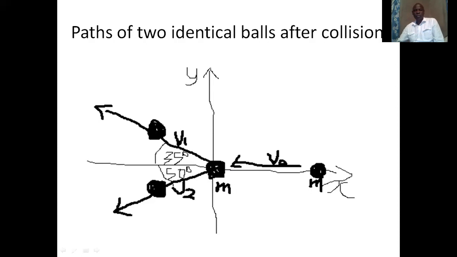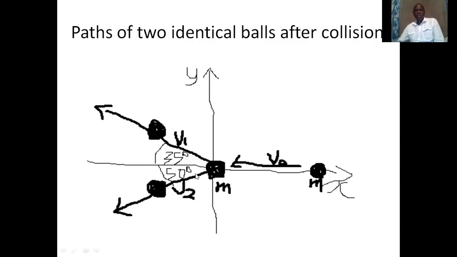And when this one is hit, the other ball moves 35 degrees above the negative x-axis, while the other one also moves 50 degrees below the negative x-axis with a velocity of v2.